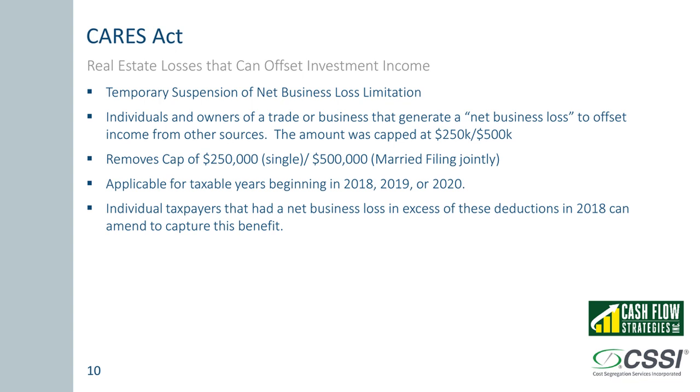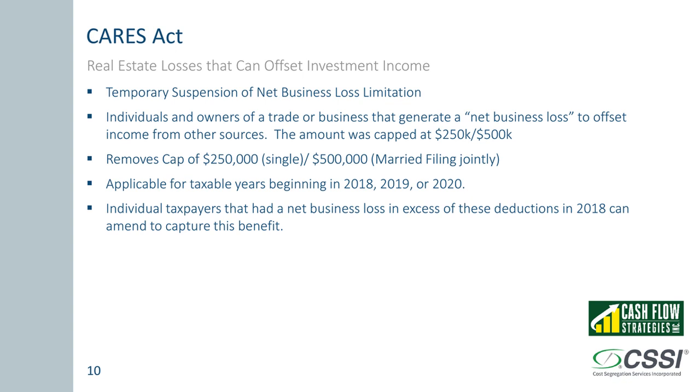They also suspended the net business loss limitation. And I know this is tax stuff, but I want you to be able to see how big of a no-brainer it is now because of the CARES Act. Individuals and owners of a trade or business that generate a net business loss to offset income from other sources used to be capped at $250,000 for a person filing single and $500,000 for a person filing jointly.